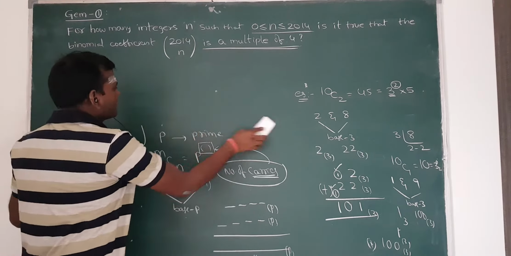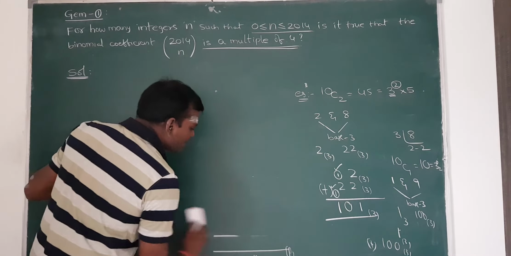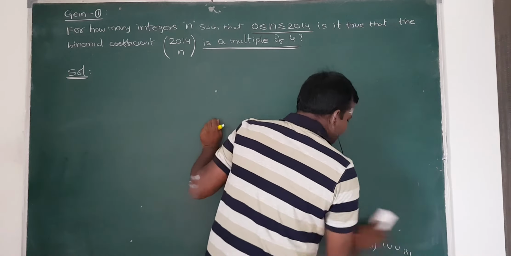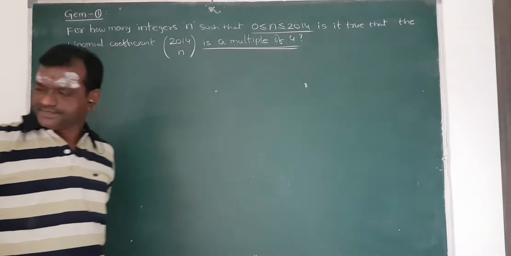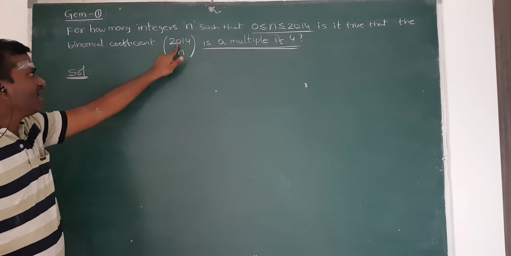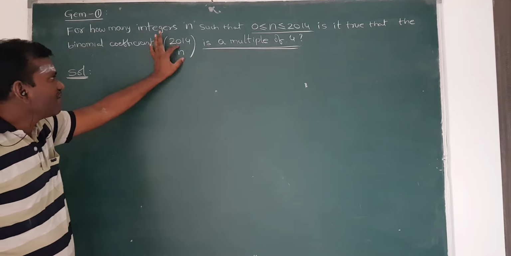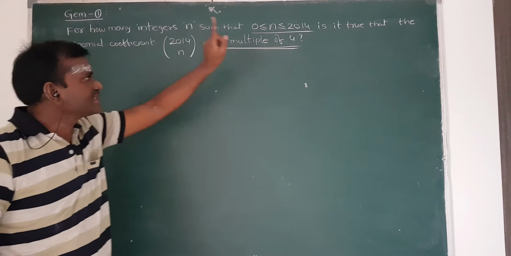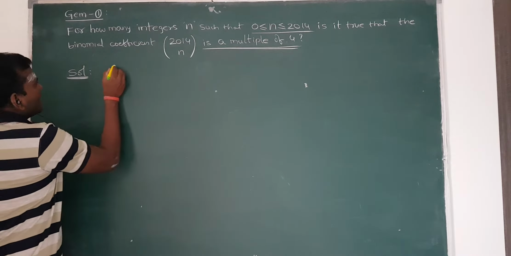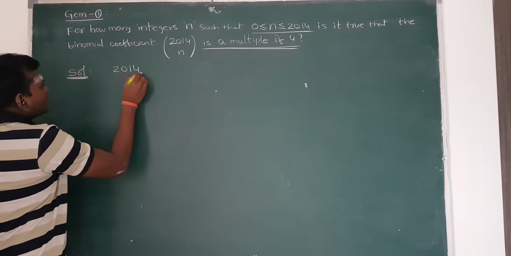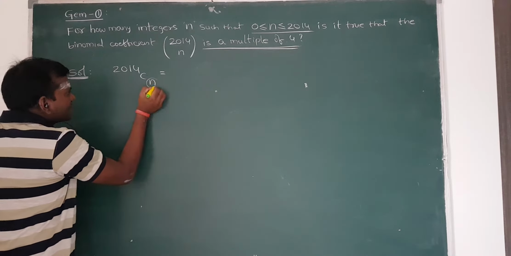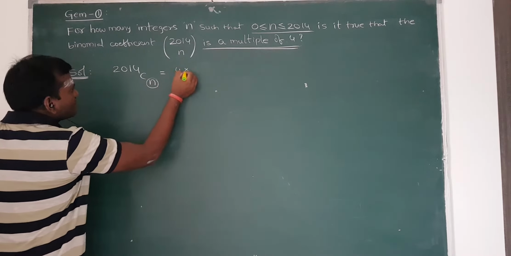Okay, then how can Kummer's theorem be applied in the given question? Read the question. In the binomial coefficient 2000 Cn, for how many values of n is this a multiple of 4?